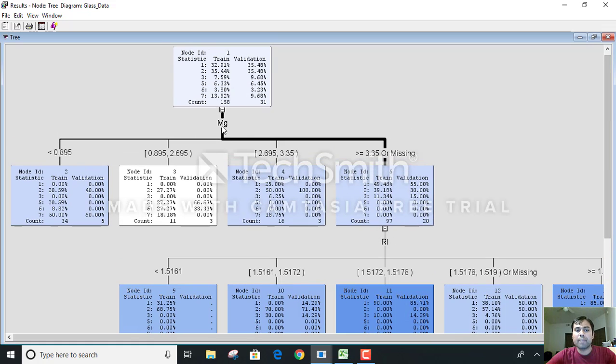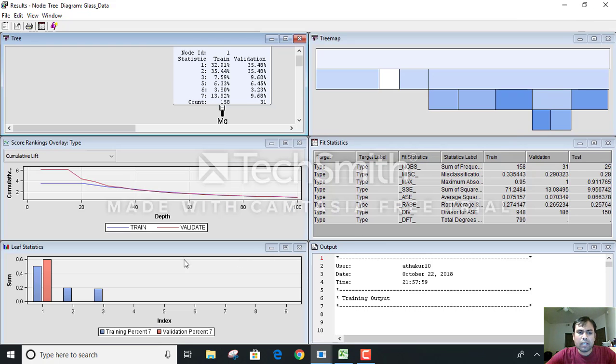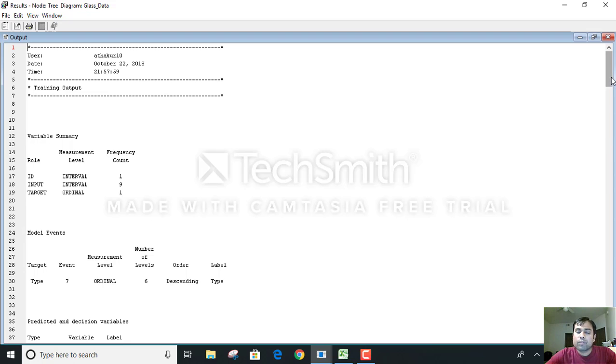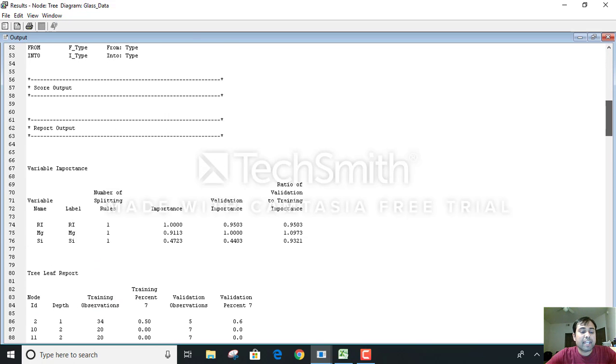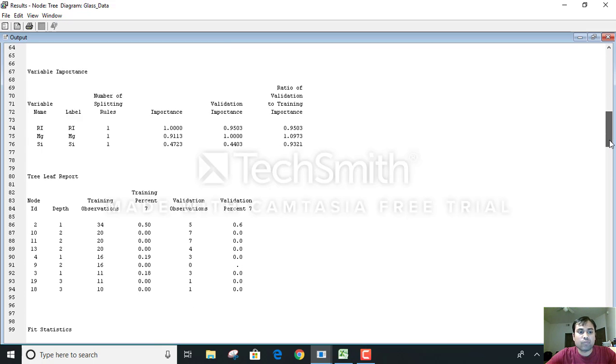Here we can see the important parameters are magnesium and refractive index, and this is the leaf statistics. When we see the output, one of the very important parameters is the variable importance. Here the refractive index is considered a very important variable, as it has an importance of one.